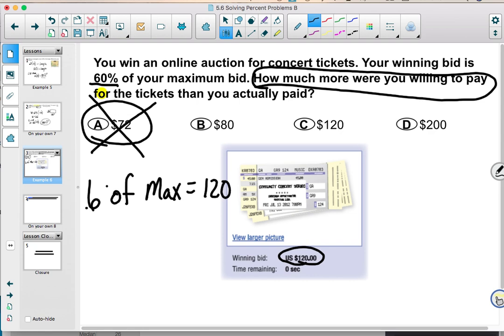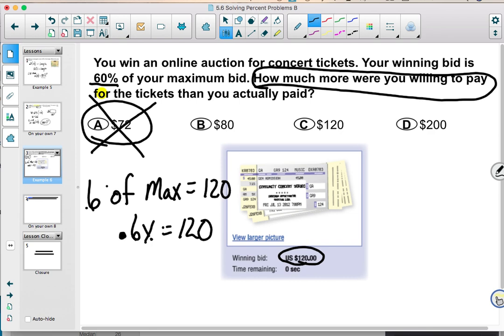Okay? Remember yesterday we did percentages two different ways? One way we multiplied the percentage times, and the other way we did what to the percentage? Did we multiply or divide? We divided. I know what my winning bid was, but I don't know this. And if I was to set this up algebraically, this would be 0.6x equals 120.